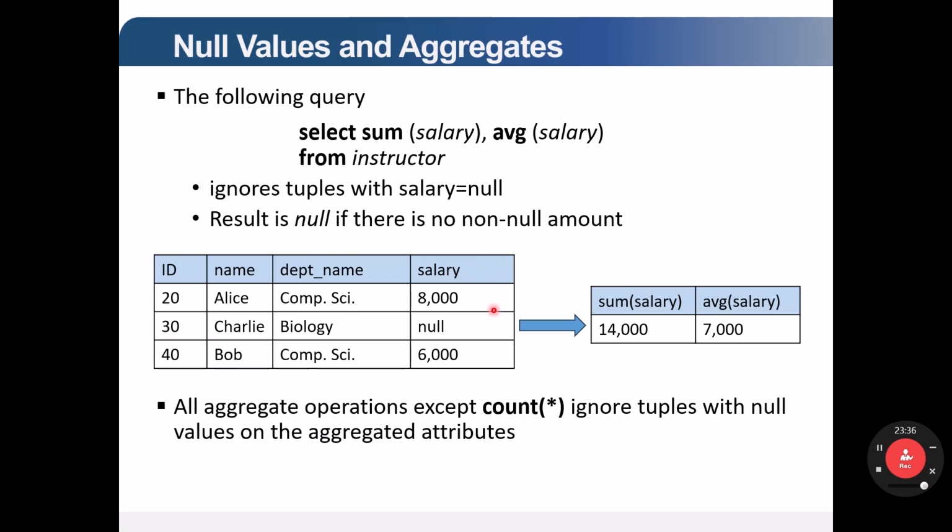Okay. There is one exception here. All aggregate functions ignore null values, but the only exception is the count function. This count function does not ignore null values, so when you run select count star from this table, it is going to return 3.